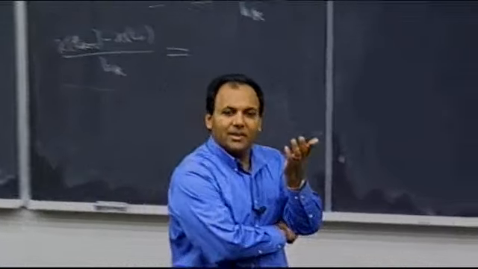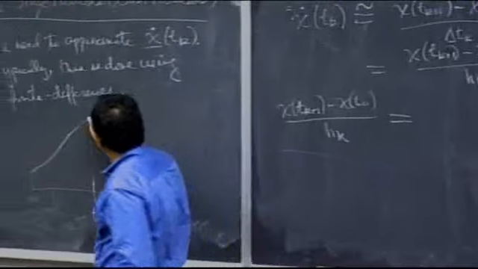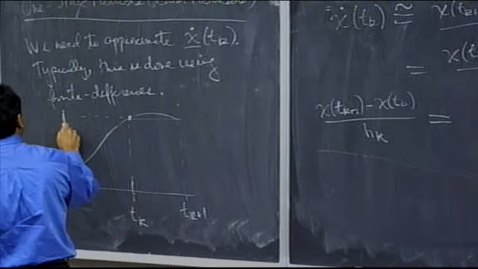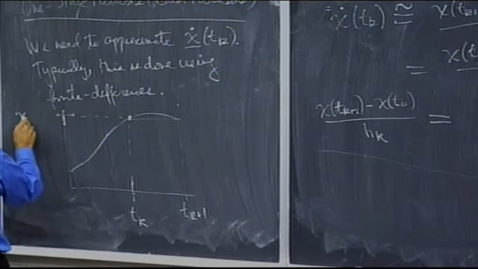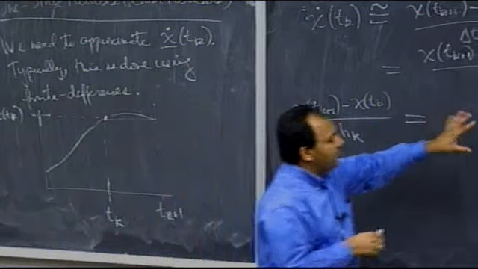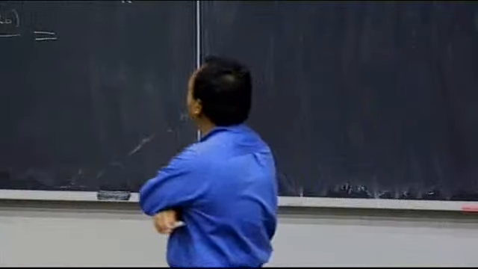Well, what's the most obvious thing to do? I'm sitting here at point tk, right? I have tk, and I have the value here, x at tk. So what would be the most obvious thing to put in on this side over here? Okay, that's good.